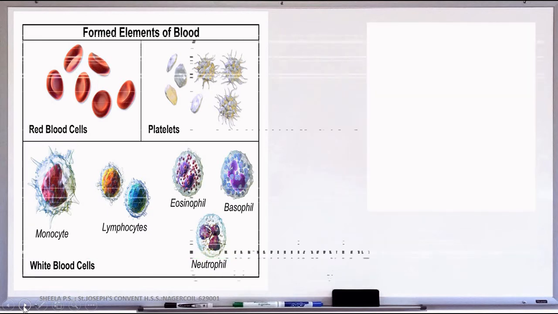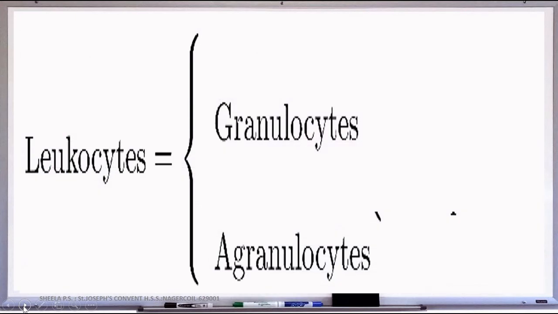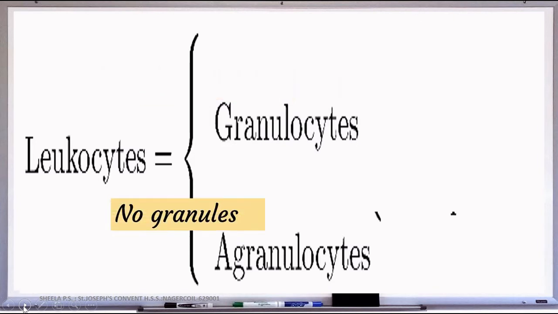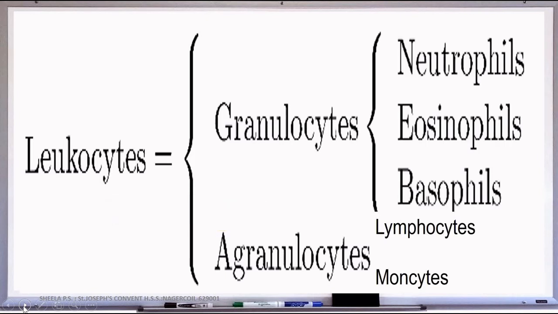They are categorized into two, granulocytes and agranulocytes. Granulocytes contain granules, and agranulocytes don't have granular particles. Granulocytes are of three types: neutrophils, eosinophils, basophils. Agranulocytes are of two types: lymphocytes and monocytes.